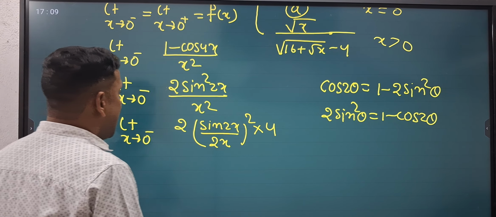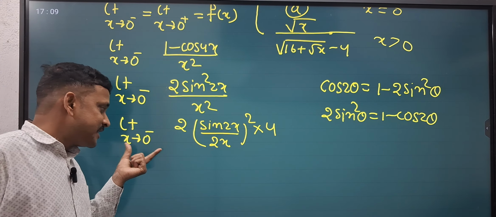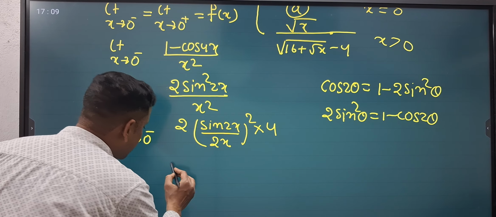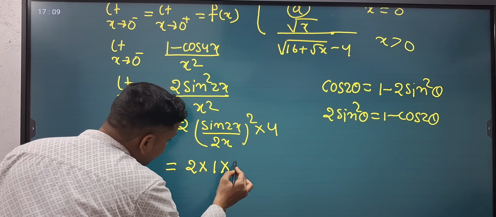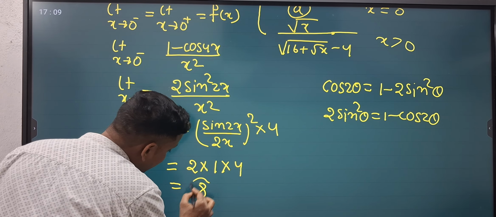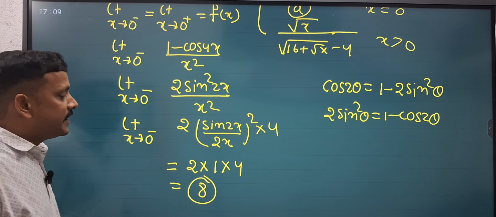You can write it. And now we know that limit x tends to 0, sin x by x is 1. So if you put the value of the limit, we will get 2 into 1 into 4, which is 8. The value of LHL limit is 8.